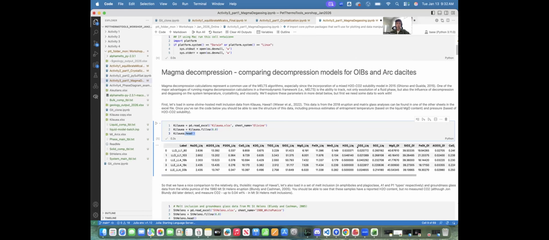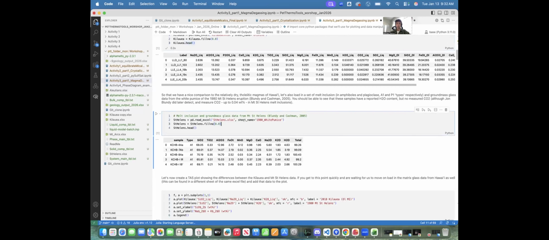We're also going to load in this data from Mount St. Helens. This is actually data from John Blundy and Kathy Cashman's work in 2025 from the white pumice of the 1980 eruption. We're going to load this in, and you can look at the data again. The type here indicates the type of melt inclusion. I believe A1 indicates amphibole inclusion, and I believe there are also plagioclase inclusions in here.